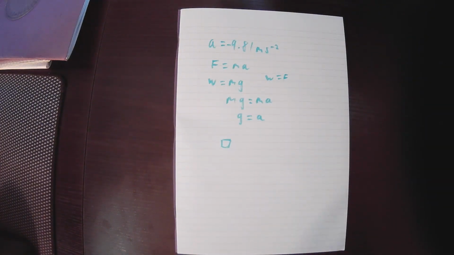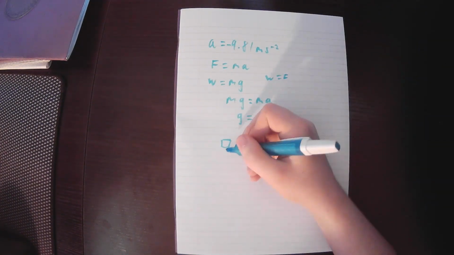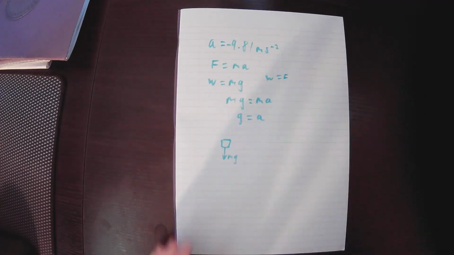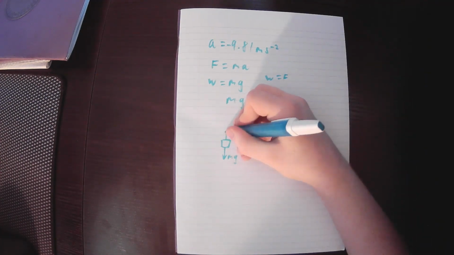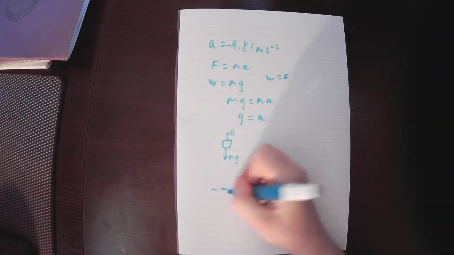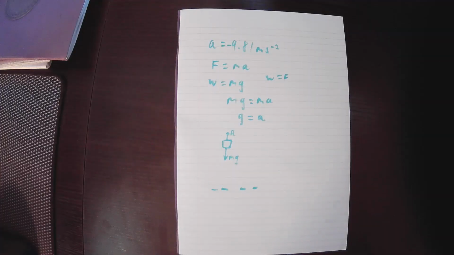Say this is a skydiver, and he obviously has his weight acting downwards, mg, so he's going to be accelerating downwards, provided that the resistive force, air resistance, is less than mg. So he's going to accelerate down all the way till he reaches the ground, right?